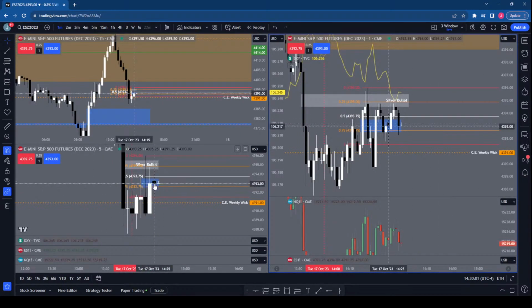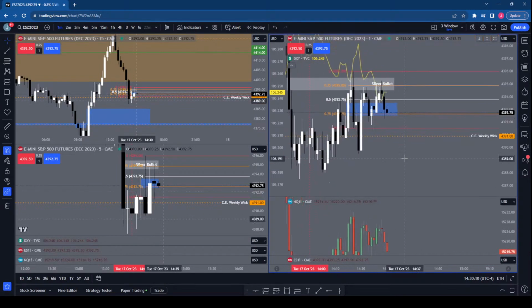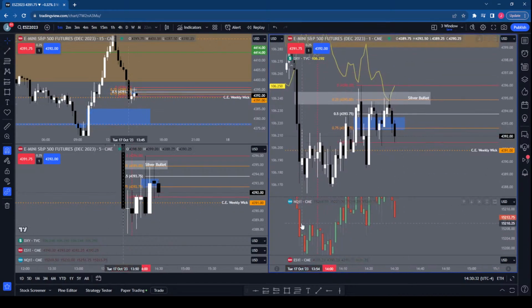Okay, so we closed below it. I want to see us close below this blue fair value gap. Okay, there we go.